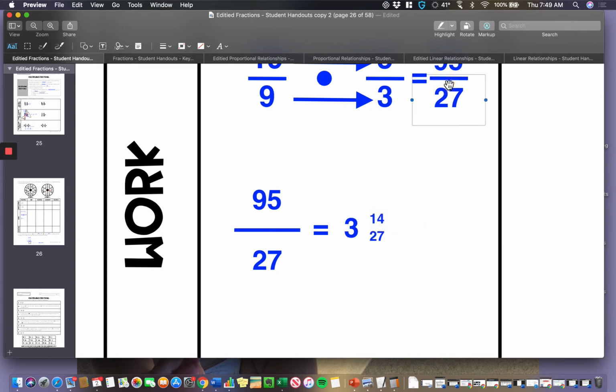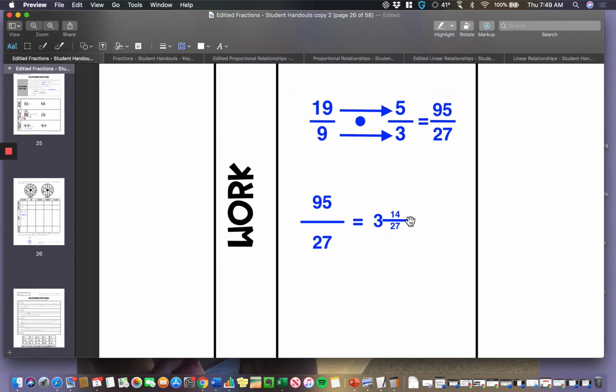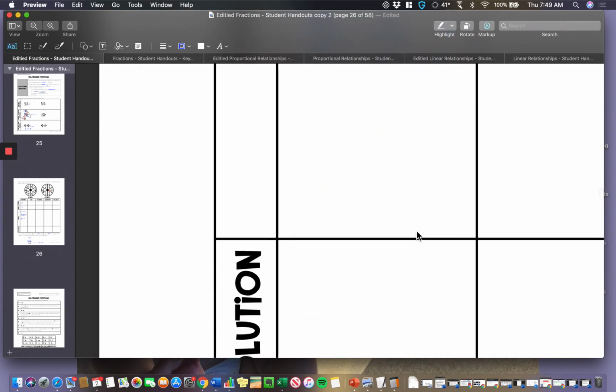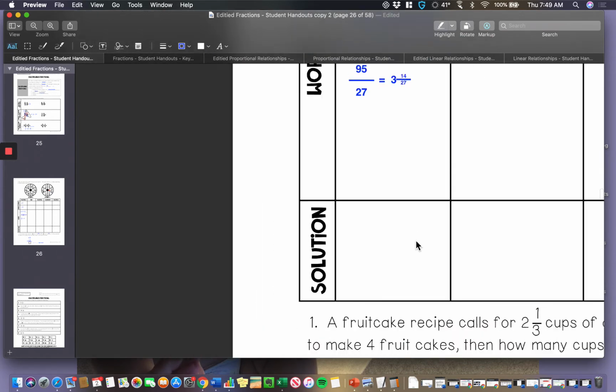So there you go. I'm going to have a brand new fraction of 14 over 27 with the mixed number. That's 3 and 14/27. And you can show your solution right there.